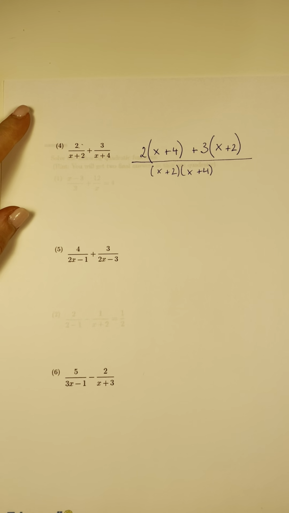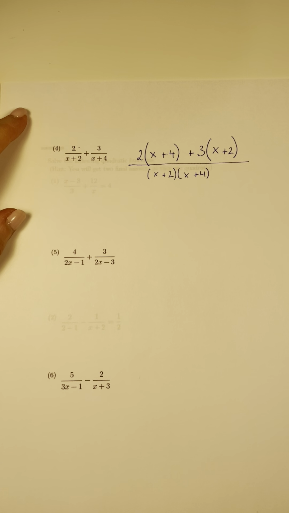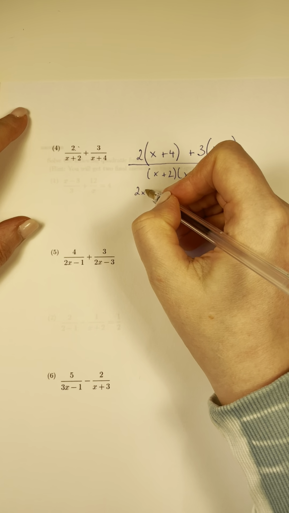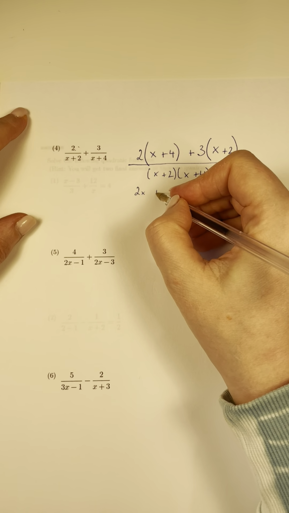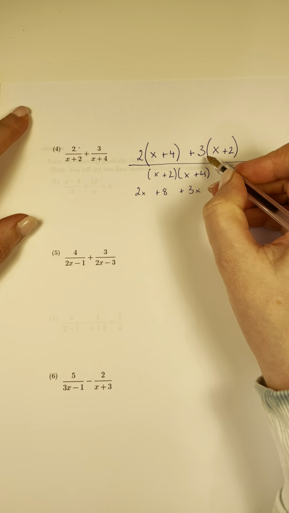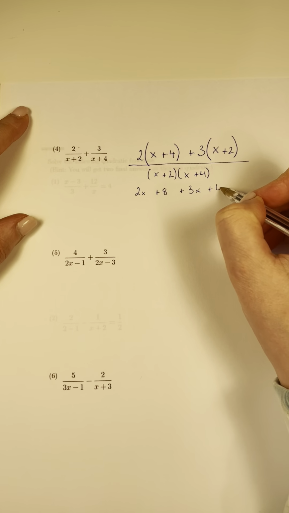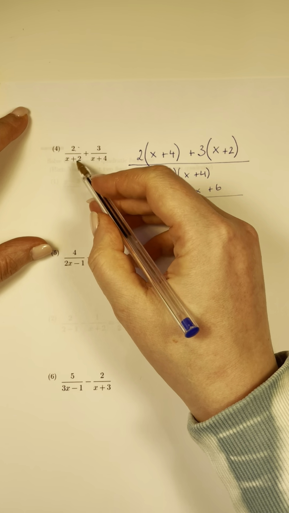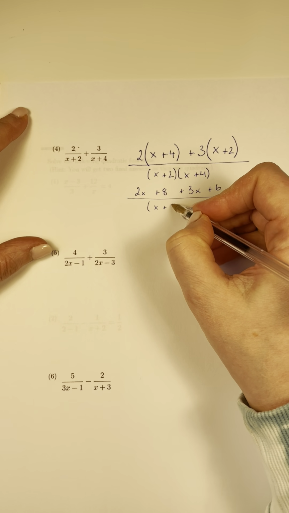Now, you don't need to multiply out the bottom one, you just multiply out the top one. 2 times x is 2x, 2 times 4 is 8, 3 times x is 3x, 3 times 2 is 6. All over the same thing that was already there. You don't touch that one.